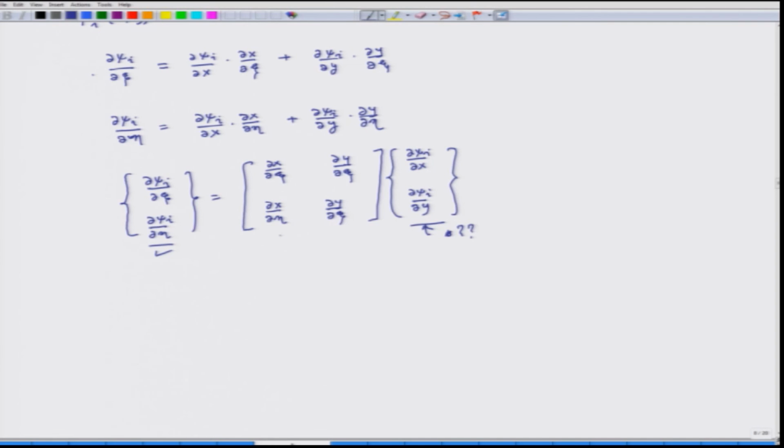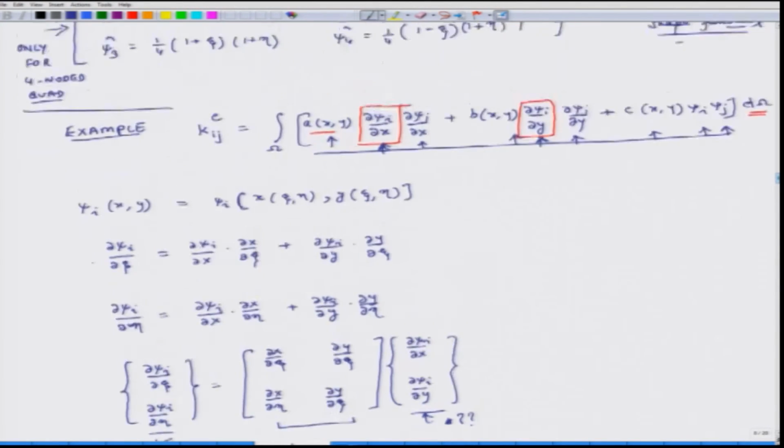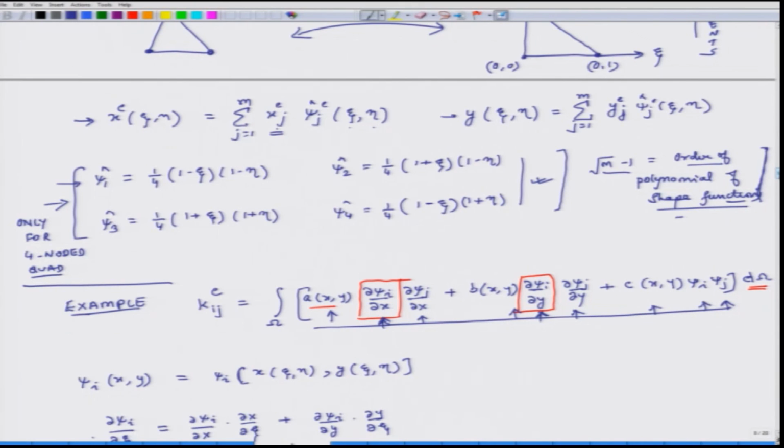So, if I know this matrix, I already know this left side. If I know this matrix, then I can find out this unknown vector del psi over del x and del psi over del y. How do I find out this matrix? The way I find out this matrix is that these are my transformation equations. So, this is equation 1, this is equation 2, right.